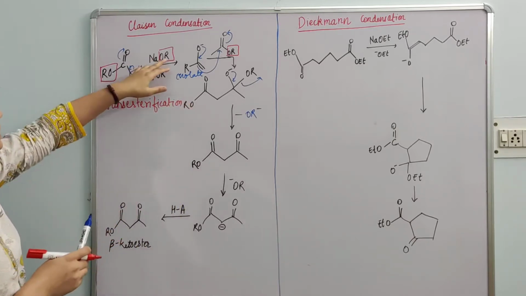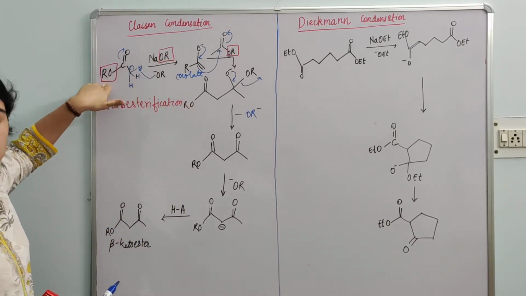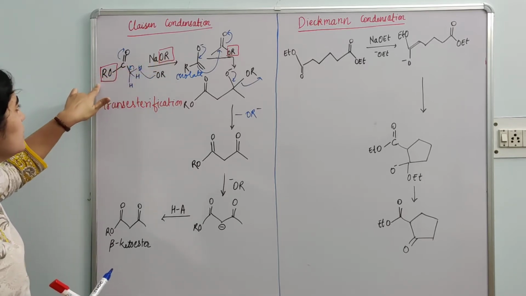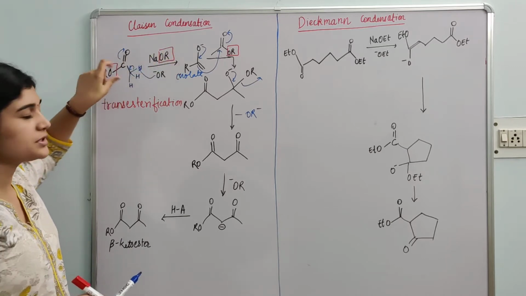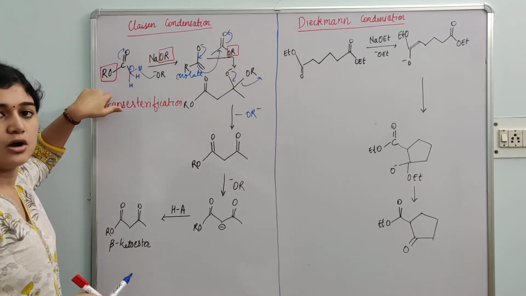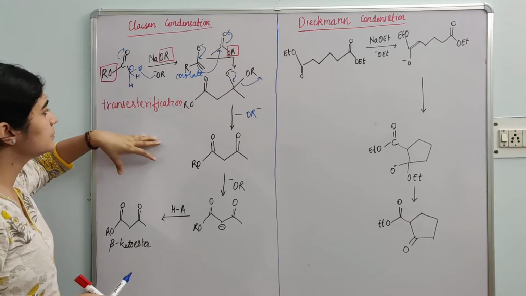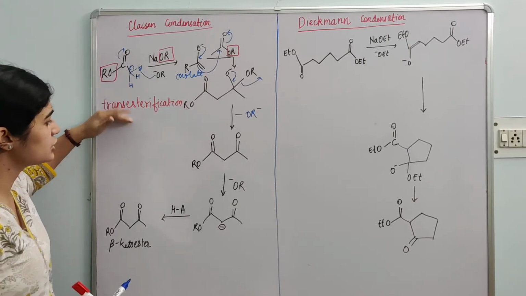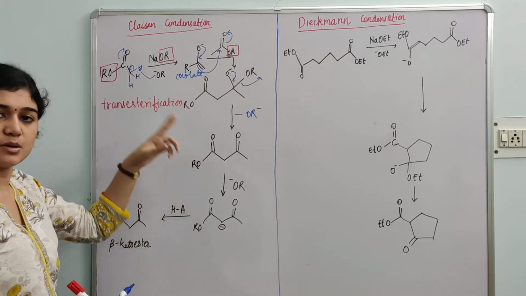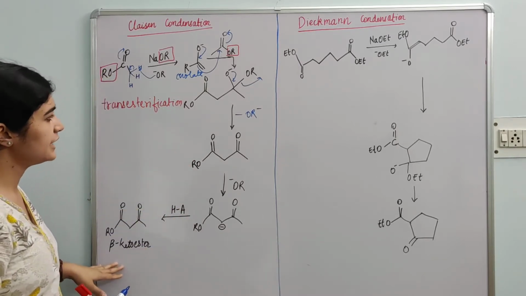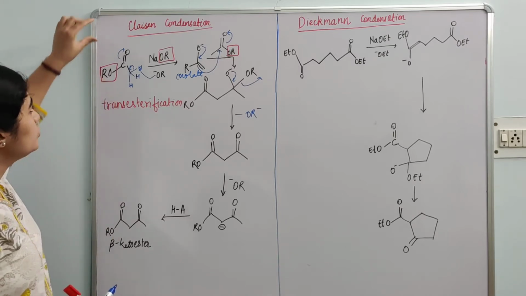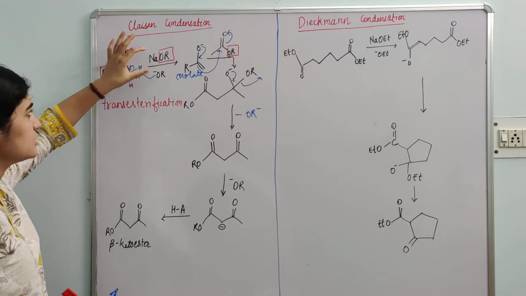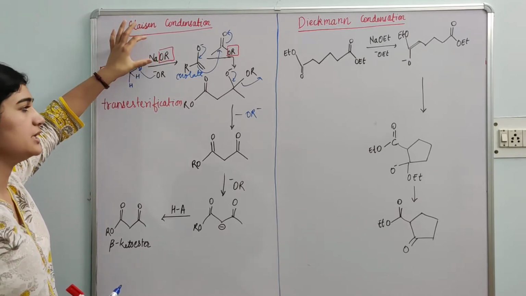In that, these OR keep on interchanging with each other, but if you have two different alkyl groups in your base and ester, what will happen? You will get a combination of esters due to transesterification, and there will be a mix-up of products at the end of the reaction. So when you do Claisen condensation reaction, you have to keep in mind the OR group attached in the ester should be the same as that of the base.